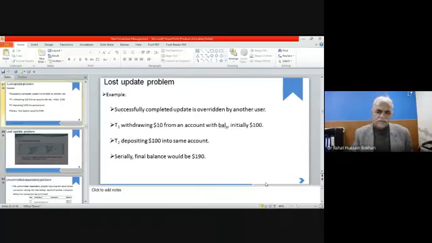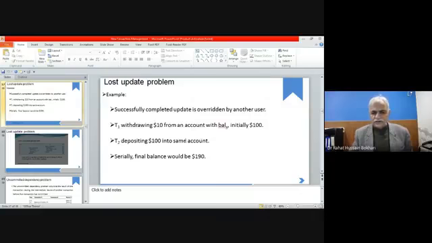There is another example. One successfully completed update is overridden by another user. This is the basic aspect of the lost update problem. In the example, transaction T1 withdraws $10 from an account whose balance is initially 100, and transaction T2 deposits 100 into the same account.